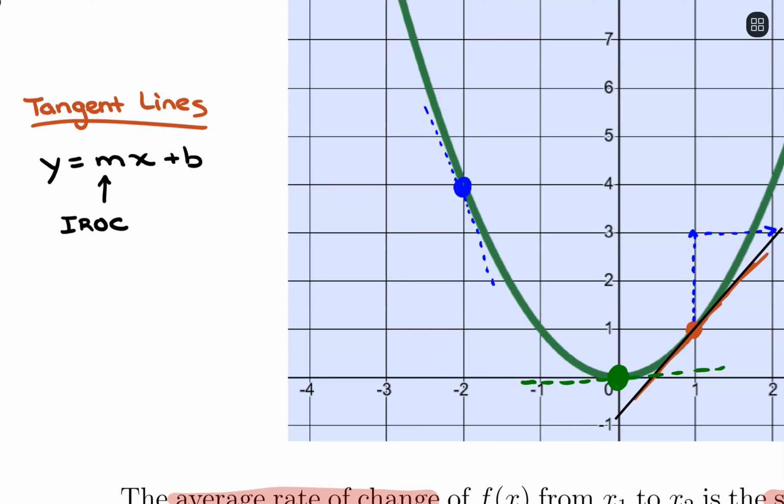We're also always going to have one coordinate on this tangent line, so we'll have some coordinate (x1, y1), and that's going to come from the x value that we're given, like (-2, 4), or (0, 0), or (1, 1), coming from our f(x). If we have the slope and we have a coordinate, then we could find b. So we can find this equation of the tangent line by evaluating that instantaneous rate of change, and then plugging in a coordinate to find out what our y-intercept would be.